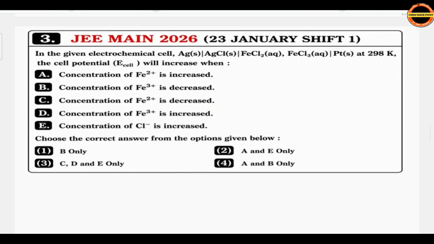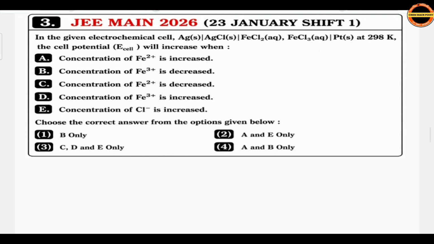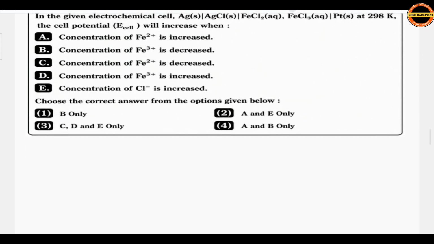In the question, they specified the given electrochemical cell, Ag, AgCl, FeCl2, with cell representation given. The cell potential will increase when, with different options given here. For this, first we have to write the net cell equation.